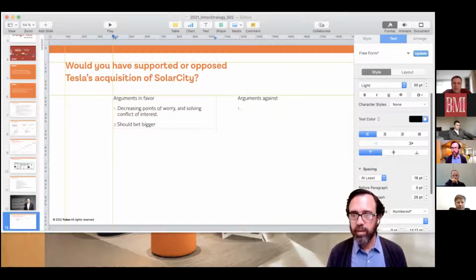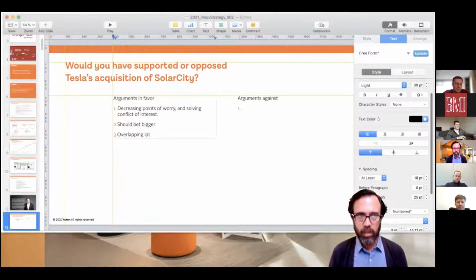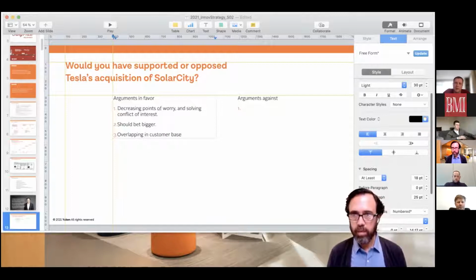And another idea that you discussed previously regarding the overlap in customer base, yes. Yeah, in customer base. From my perspective, this looks like a good argument why it should be both.